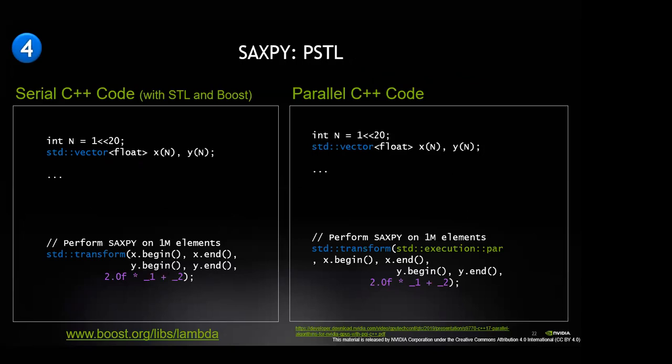If we are speaking about C++ code and using the PSTL, the parallel standard template library, you see that we now simply change the transform iterator and add an execution policy.